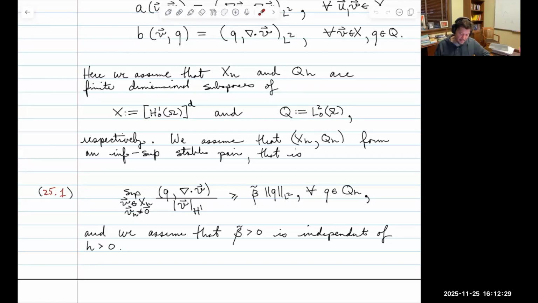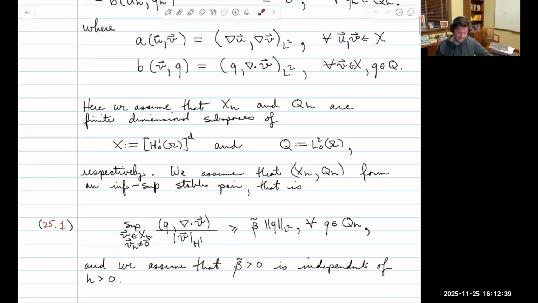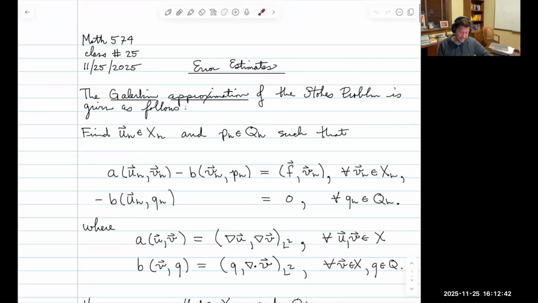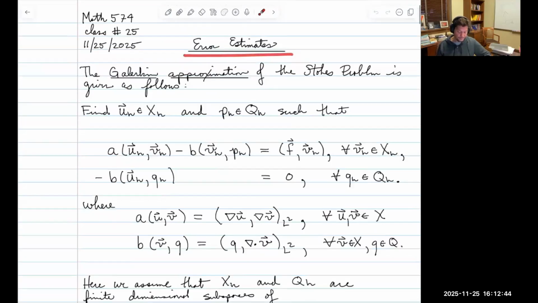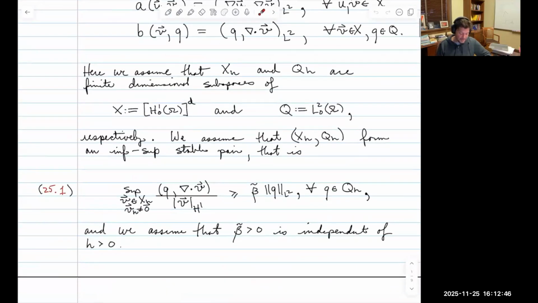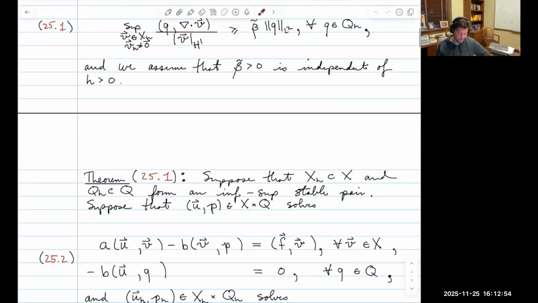The other useful property is that it gives us stability and nice estimates. It's going to help us with our error estimates, which is the subject of this lecture. So this condition is vital for basically everything that we do with respect to this Galerkin approximation and the Stokes problem.